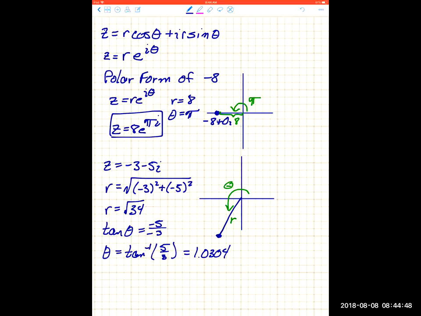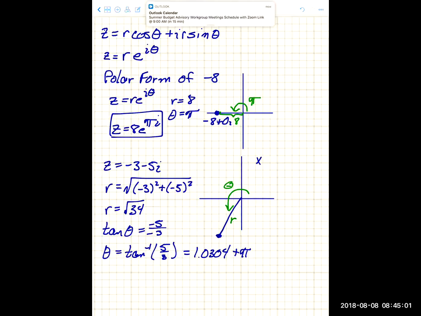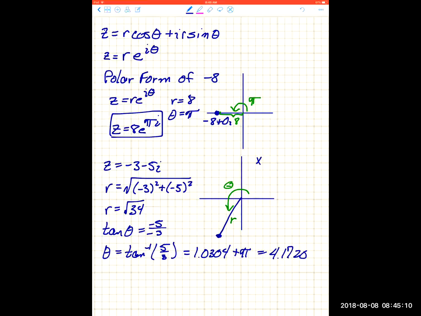So that puts us up here in the first quadrant. We need the third quadrant answer. So my angle is actually at this number plus pi, which will be 4.1720.